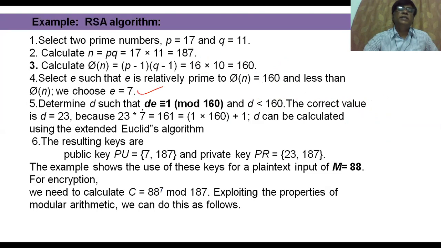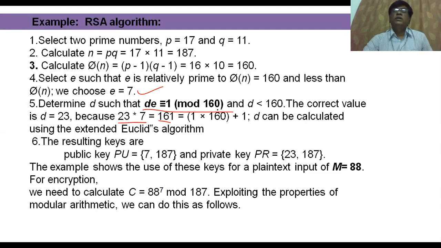Now calculate the D value using this formula. D times E must be congruent to 1 modulo 160. If you assume the D value is 23, then 23 into 7 is equal to 161. 161 modulo 160 is equal to 1.